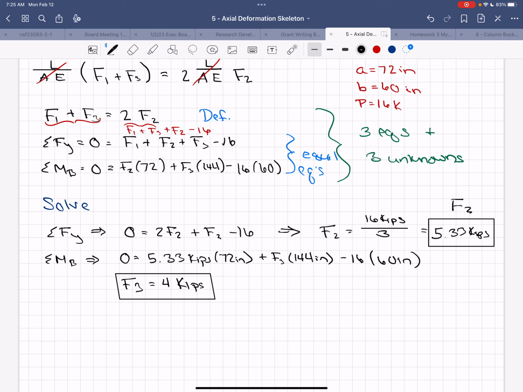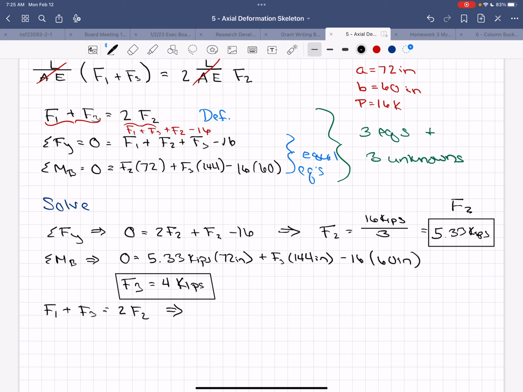Lastly, we're going to use the equation F1 plus F3 equals 2F2.